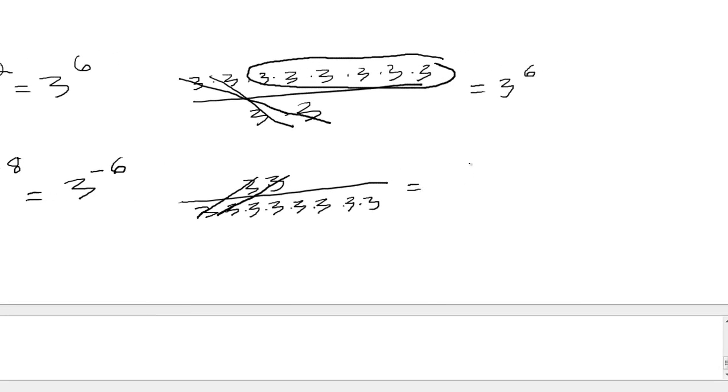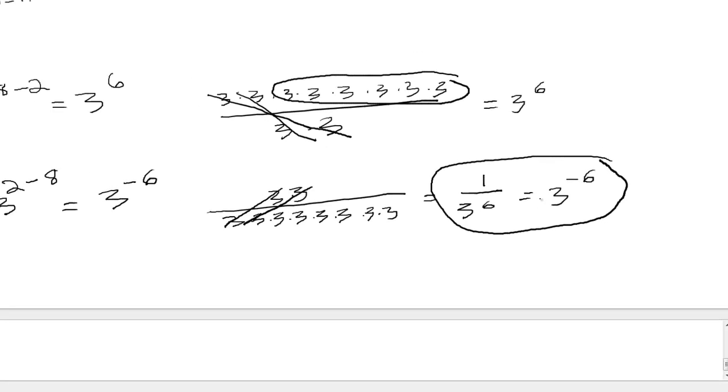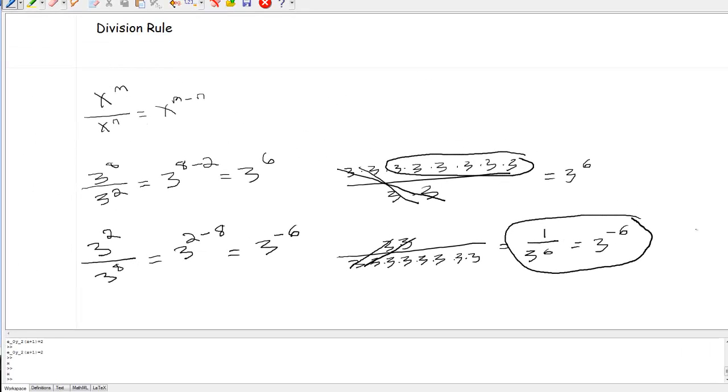That's going to be a 1 left on the top, and then the 3 to the 6 on the bottom. And so we would have this relationship with the negative exponent, and notice that the negative exponent really just shoves something down into the bottom of a fraction. And like I said, we'll talk more about this in a whole other video.